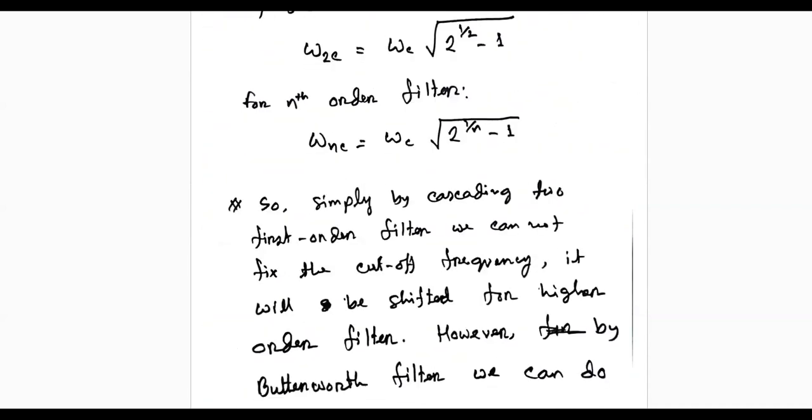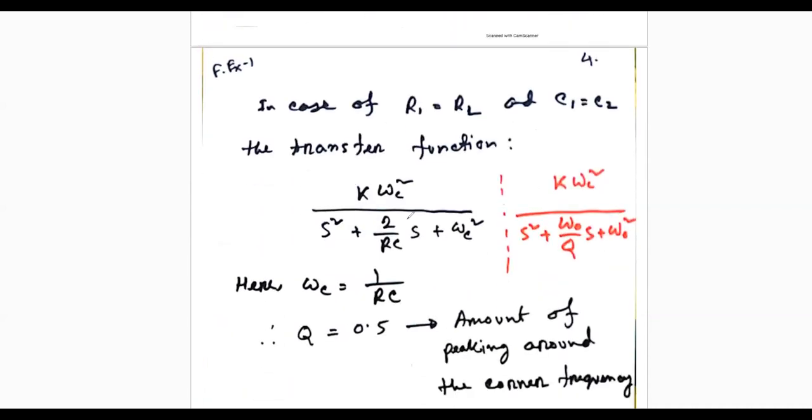If you just do that, we'll find this kind of equation where omega C is equal to 1 over RC. Sometimes we put omega 0 and omega C as the same. Beg your pardon, this is omega 0, not omega C. When we put omega 0 in general, this is actually equal to omega C. That is the cutoff frequency.